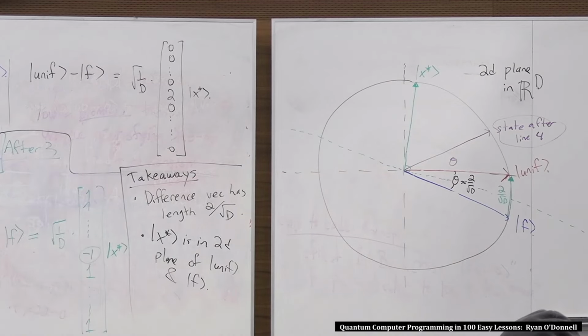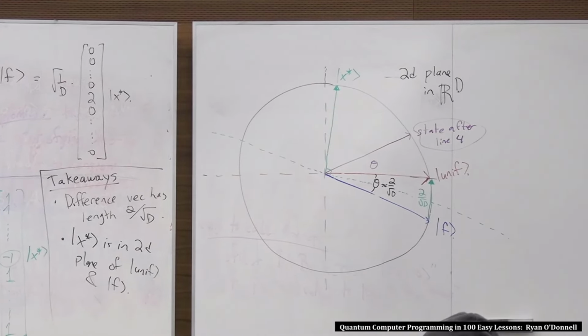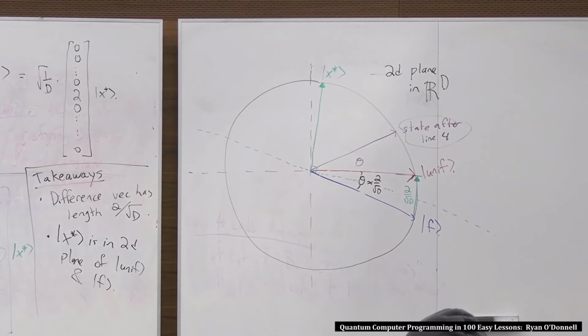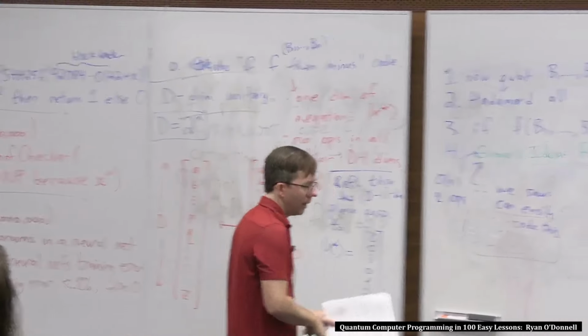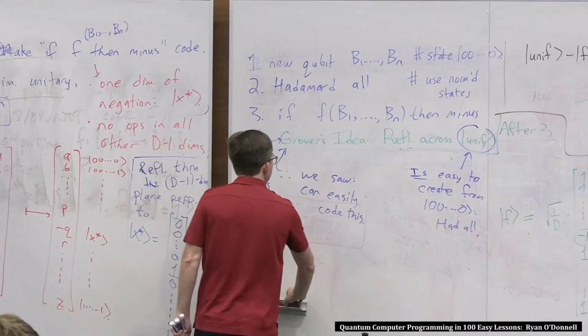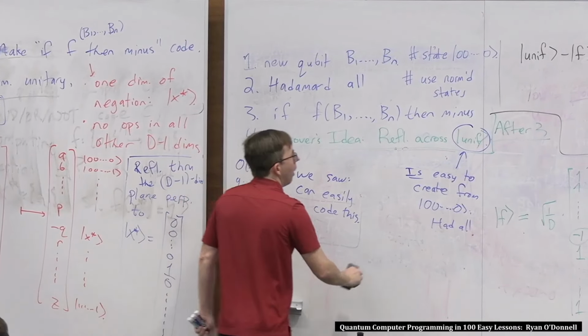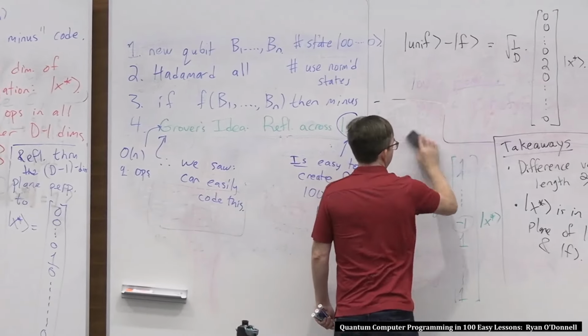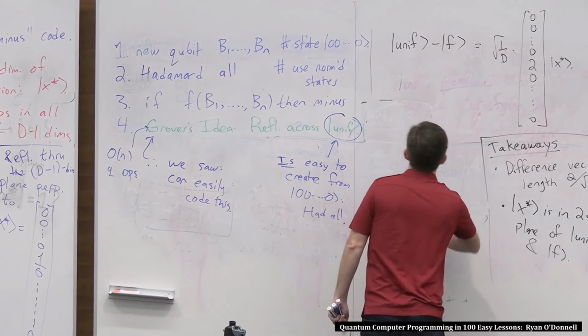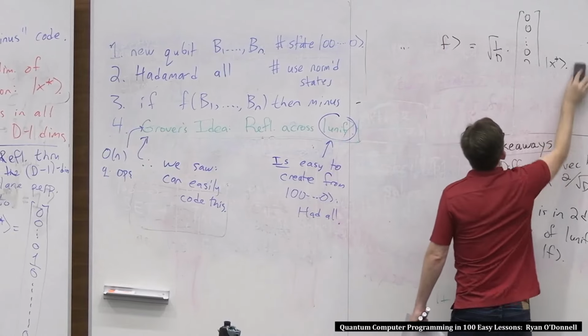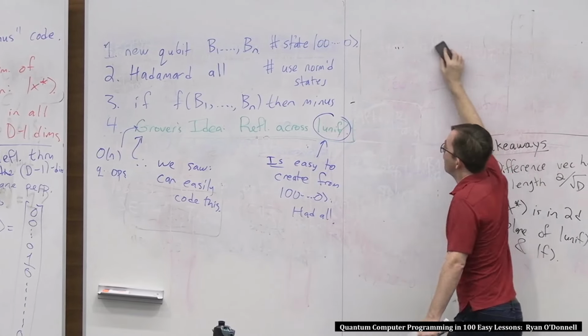And you can see we kind of got closer to x star. Pretty good. Now, let's look at these two lines of code together, line 3 plus line 4.